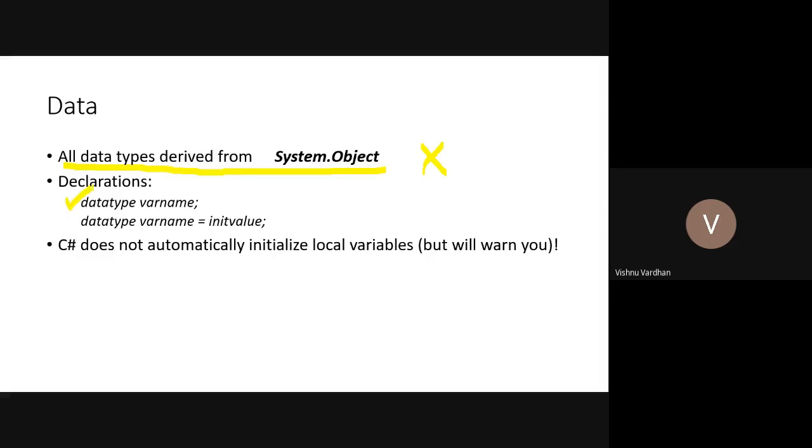Okay. So how to declare? In this way, we declare the data type, like int. Then what is the variable name? Age. So in that way we can define, and they have to be initialized. C# does not automatically initialize local variables, but it will give a warning if you have some uninitialized variables in your program, so that you initialize them with some value.